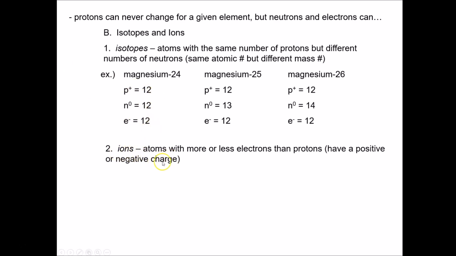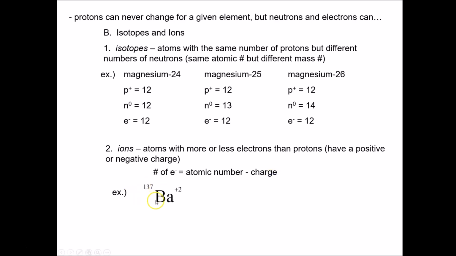And so an ion always has a leftover charge. It either has leftover positive charge or leftover negative charge to it. So how do you figure out the number of electrons in an ion? Well, you take the atomic number again, but this time you have to subtract what the charge is. So here's how that looks.